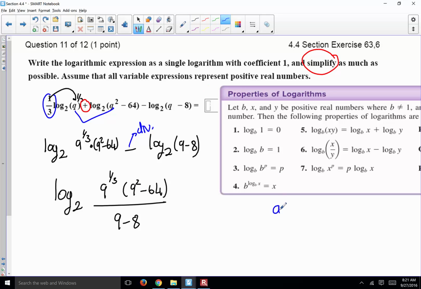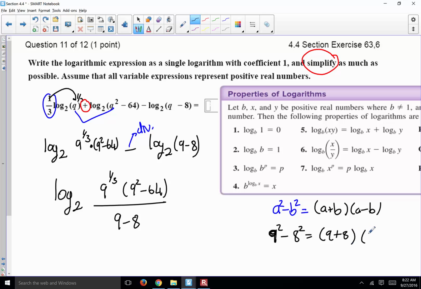Do you guys remember square difference? If you have a difference of squares, you can write it as a plus b, a minus b. Like q squared and 8 squared, this is q, okay? So that's q minus 8 and q plus 8. It doesn't matter which one is minus, but I want to fit the formula.